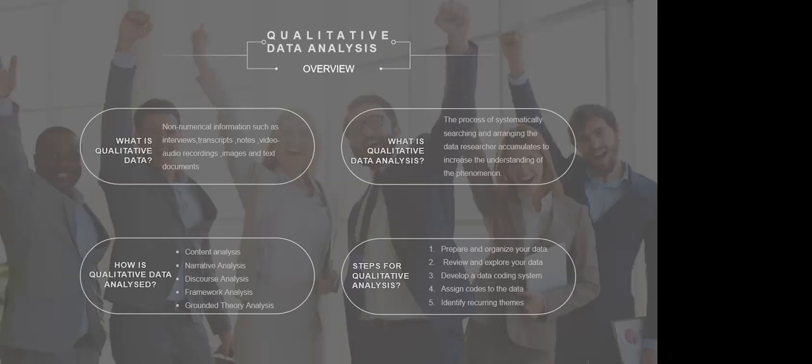As you go on, you'll realize qualitative data is more complex to analyze than quantitative data. Quantitative data is more numerical, and I think most research usually uses quantitative data.